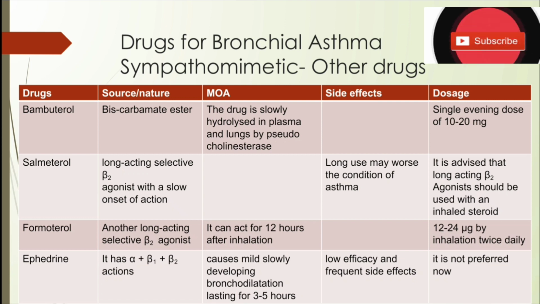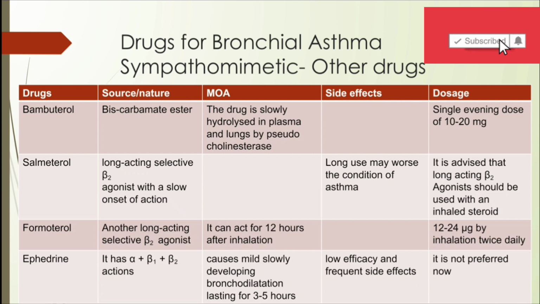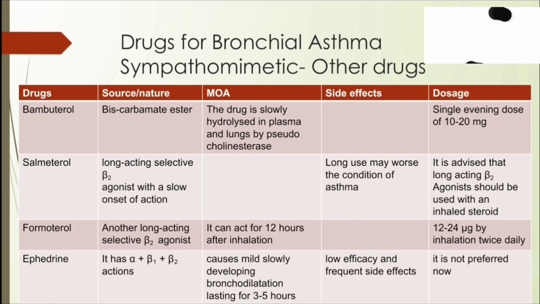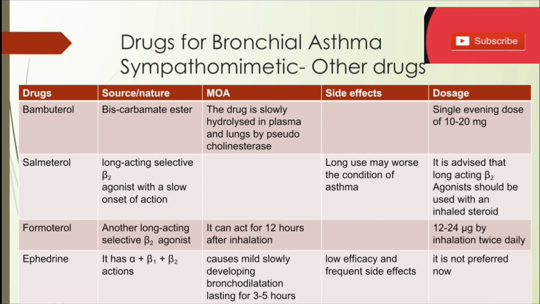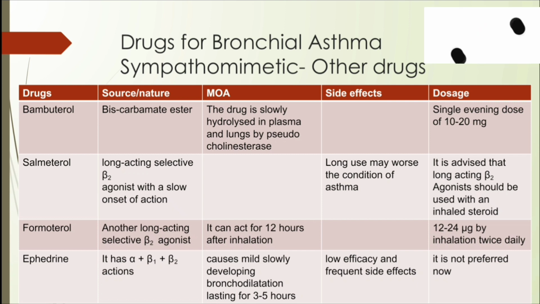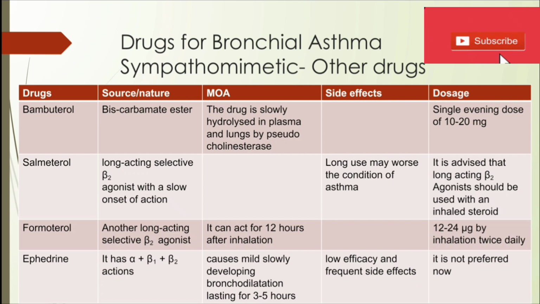Then salmeterol. It is a long-acting selective beta-2 agonist with a slow onset of action, used by inhalation on a twice daily schedule for maintenance therapy and for nocturnal asthma, but not for acute symptoms. This is important.